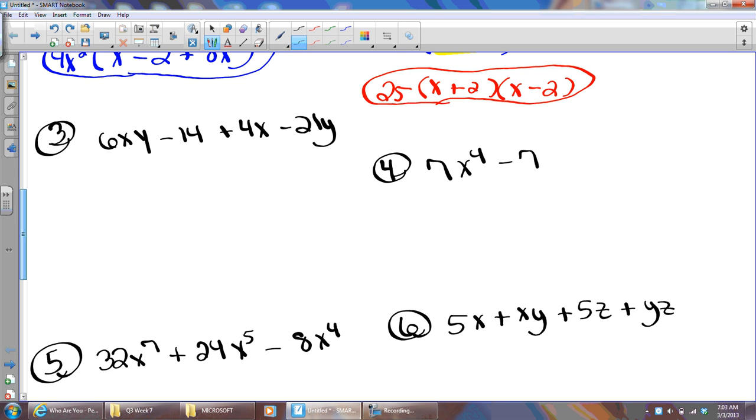All right, so I'm going to rewrite it as, let me see here, I think I'm going to put the 6xy with the positive 4x, and then the negative 14 minus the 21y. And I'm going to group this way now.